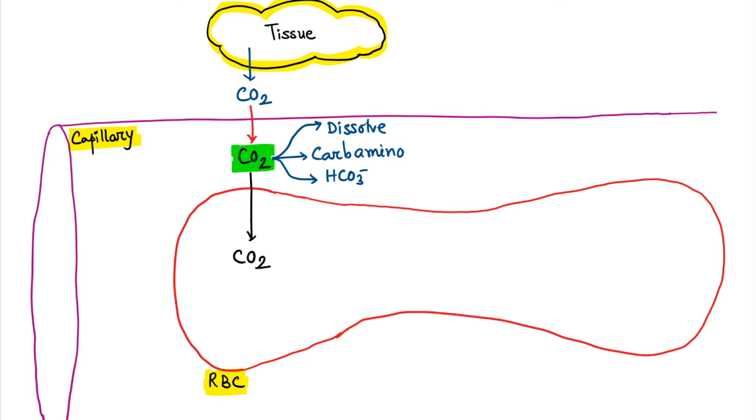Again, inside the RBC, a small amount of carbon dioxide will be in the dissolved form, and a small amount in the form of carbamino compound.